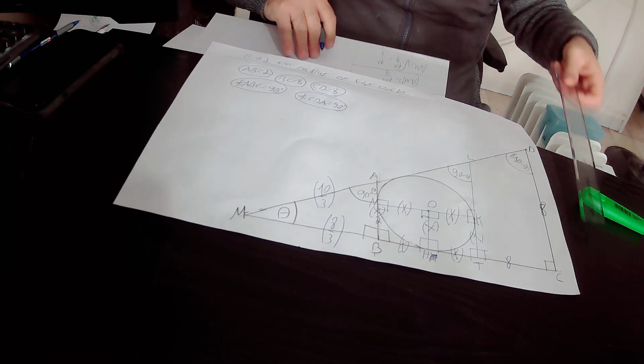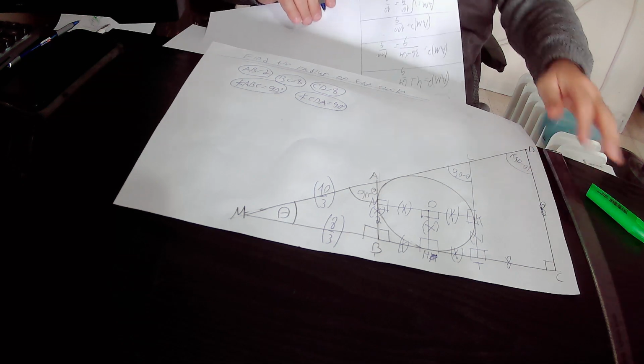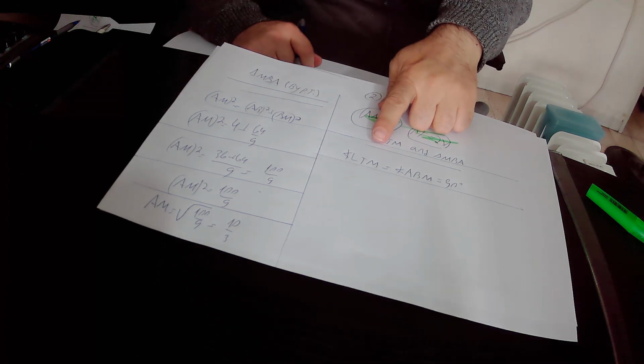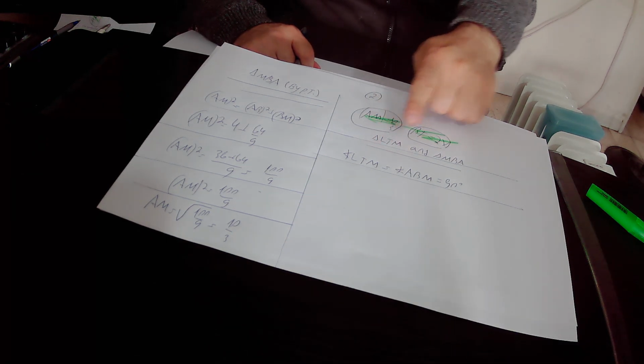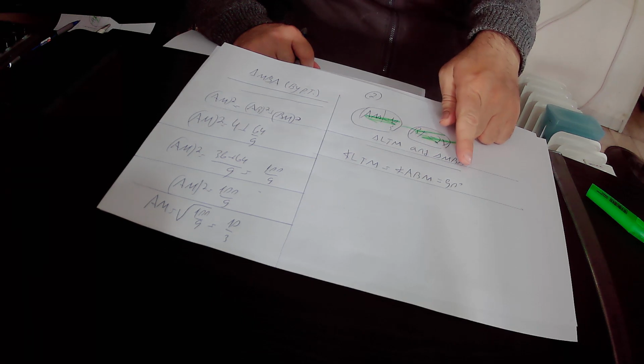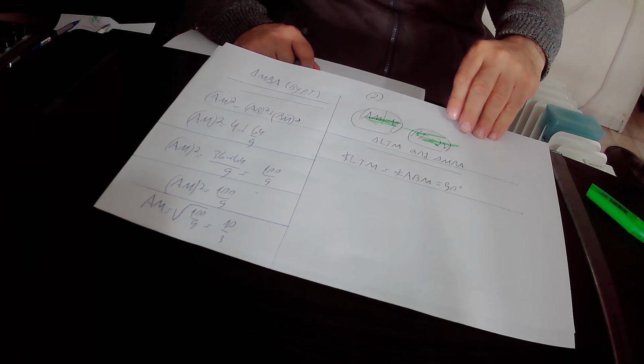Repeat again. Angle LTM in the big right triangle LTM equals angle ABM in the small right triangle MBA. They are both equal to 90 degrees, therefore they are equal to each other.